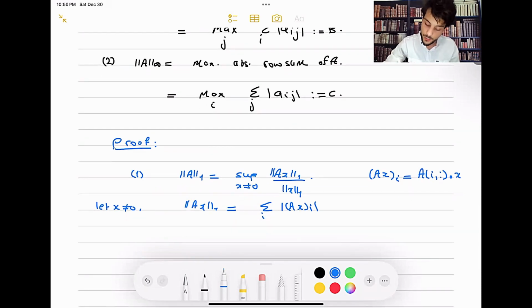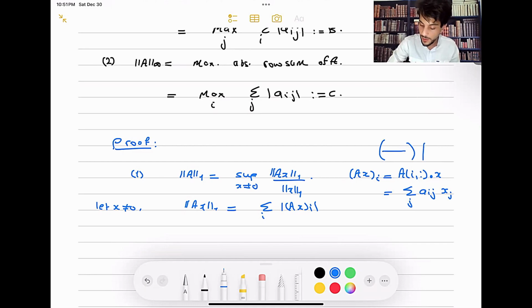And if we expand this a bit more, we see that this is going to be the sum over a_ij x_j, where we're summing over j, because we're taking the ith row of A and hitting it by the vector x. So we're just doing a dot product here.